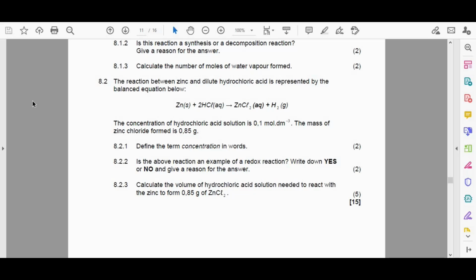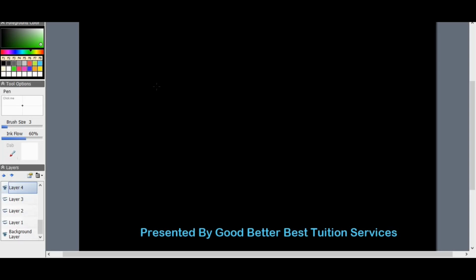Define the term concentration in words. Now, your definitions are obviously important, so let's define that quickly. 8.2.1 concentration. It is the amount of a substance, very similar to the mole, but with a bit of an extension.